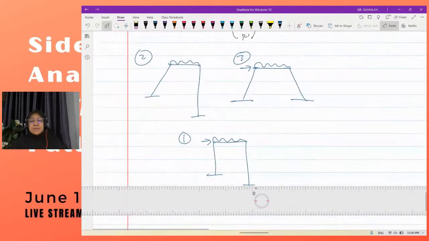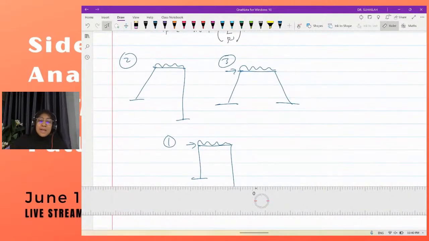So the procedure will be the same. For 2 and 3, kat mana yang different dekat step 3 lah, dekat step 3A. Nanti saya akan tunjuk example how we analyze frame type number 2 and frame type number 3.